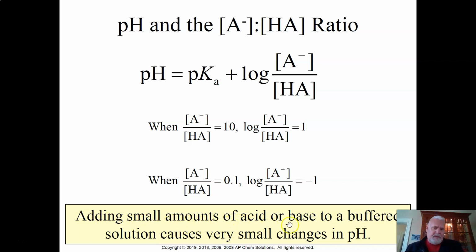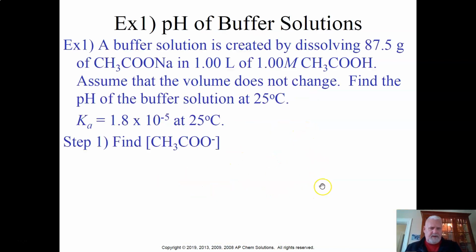So adding small amounts of acid or base would cause a very small change in the pH. That's the idea of what's happening here, because the log of it tends to be very, very small numbers.